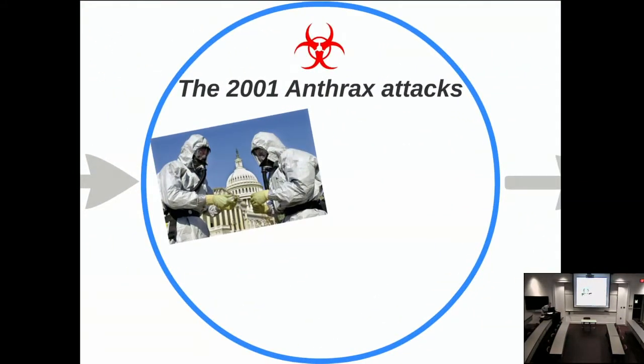And so the most famous case as far as anthrax goes would be the 2001 anthrax attacks. So these actually occurred, if you can remember back then, right after the terrorist attack on the Trade Center buildings on September 11th. And so this was about a week after that.